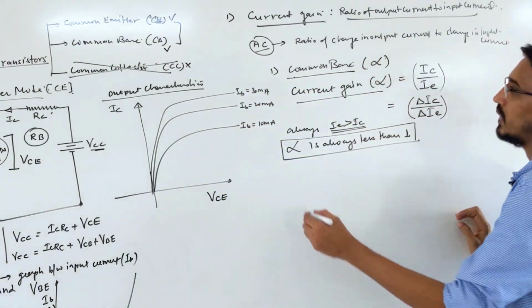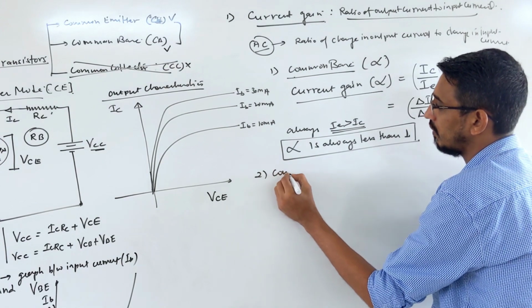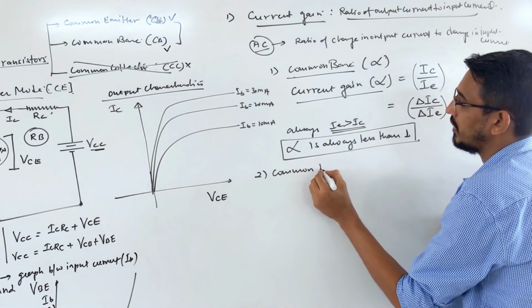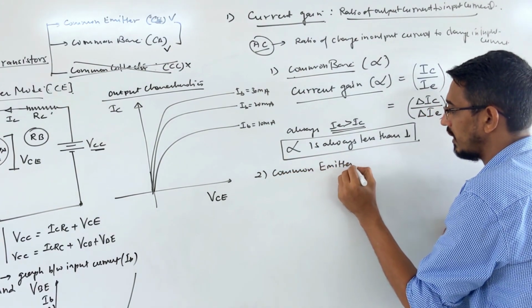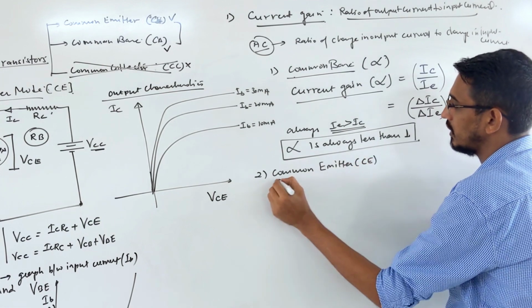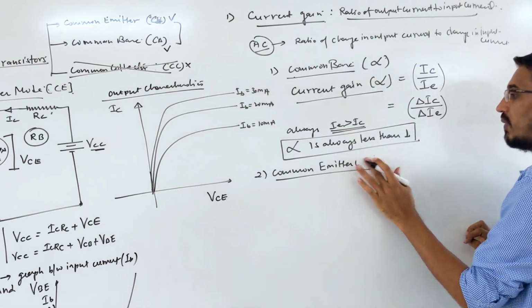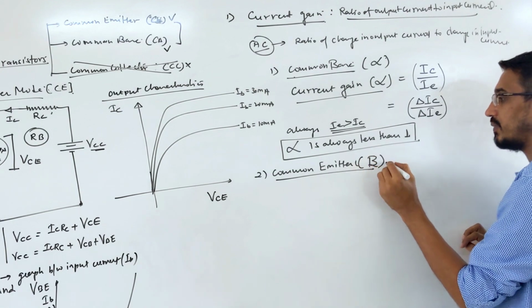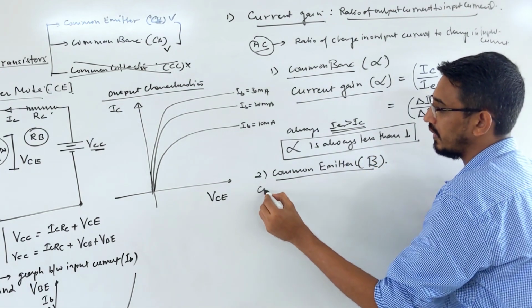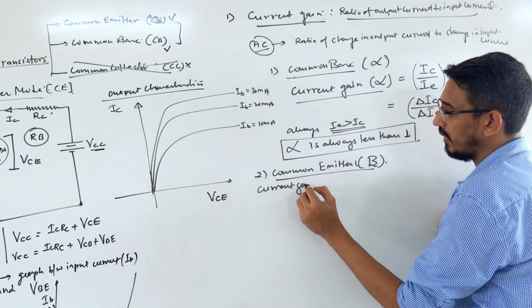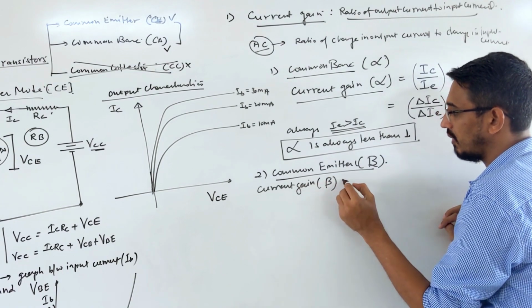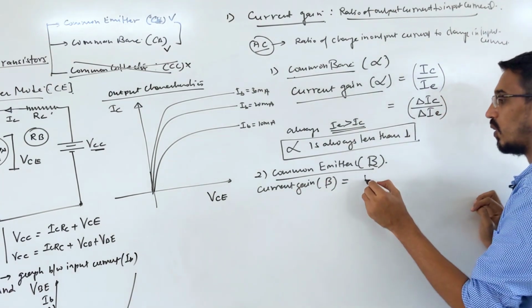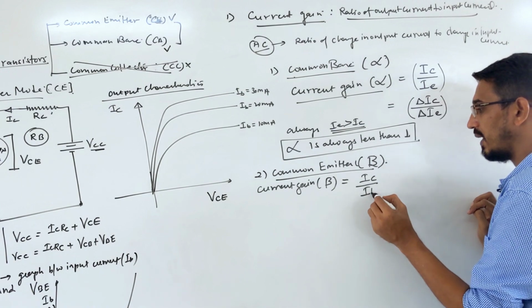Suppose now you have common emitter mode, CE mode. This one was called CB mode. And here we use the symbol beta for the current gain. Output current will always be IC, and input current will be IB here.